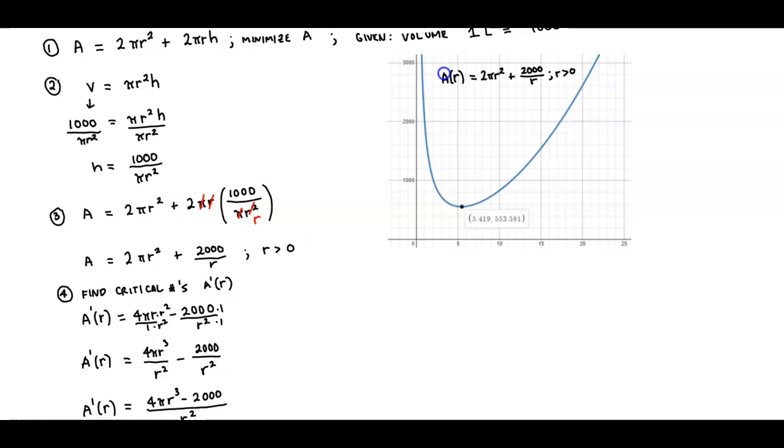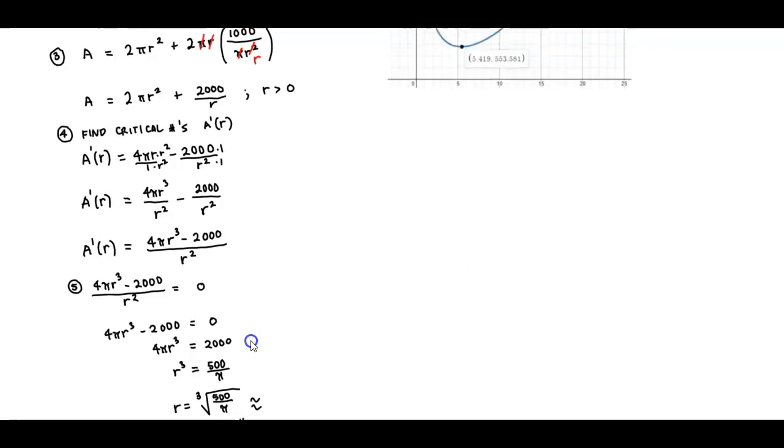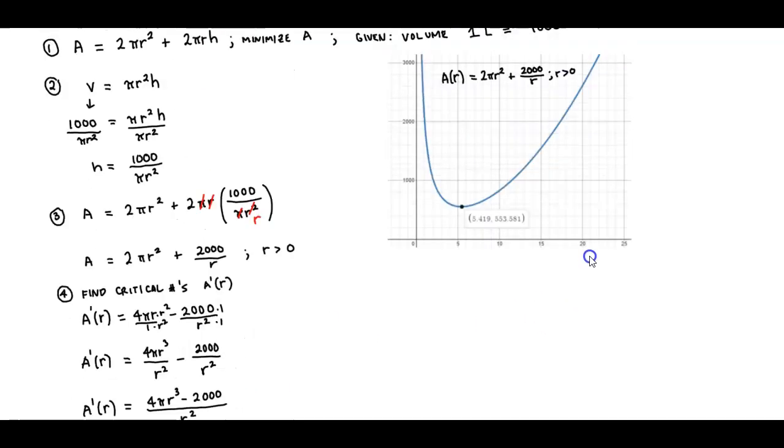Let's point out that the cube root of 500 over pi is approximately 5.419, which means that this represents our critical number.